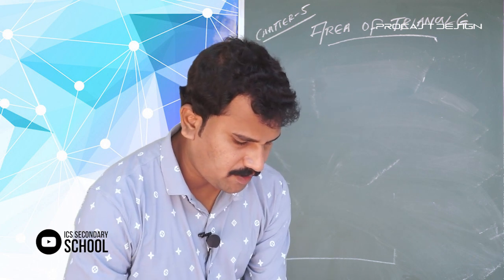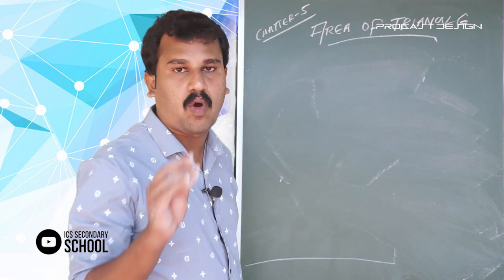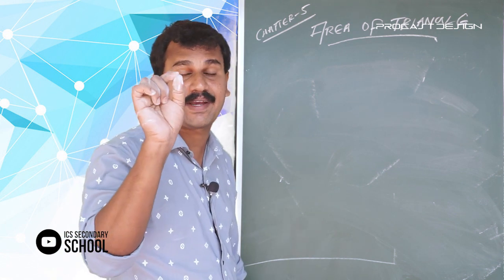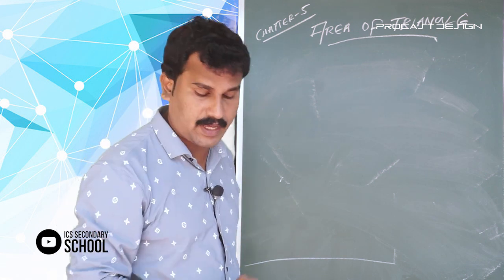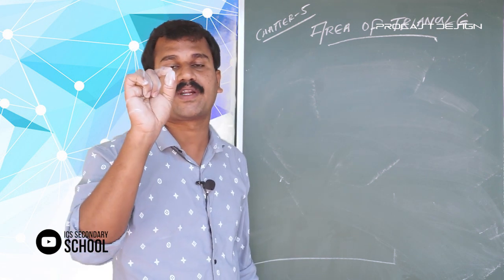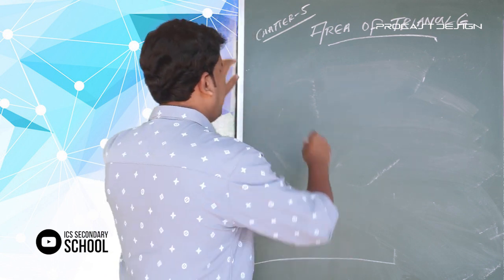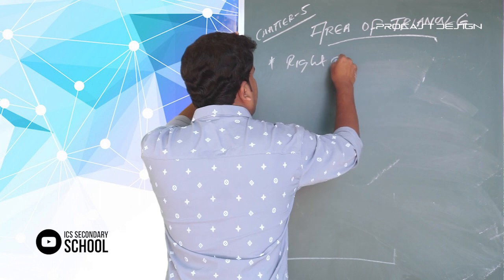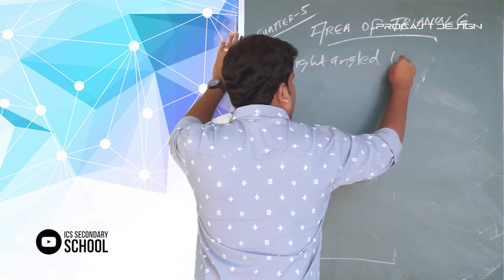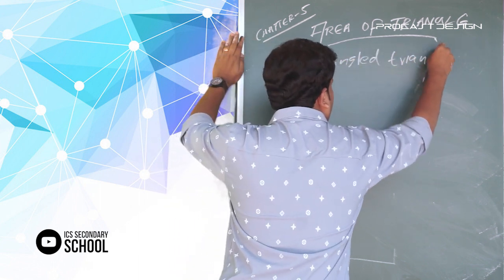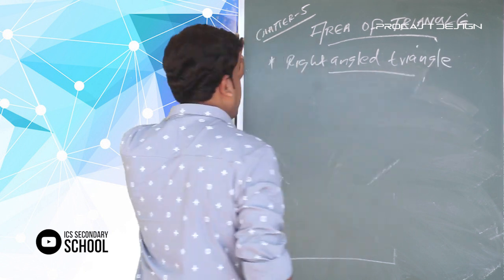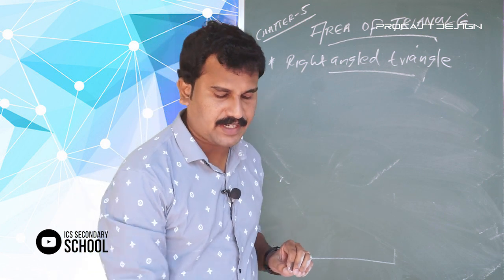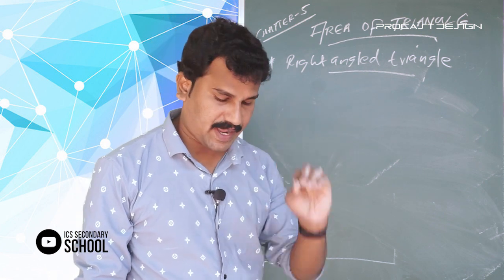Now a triangle with a right angle, 90 degrees, at one corner is called a right angle triangle. What is meant by a right angle triangle? A triangle with a right angle at one corner is called a right angled triangle.